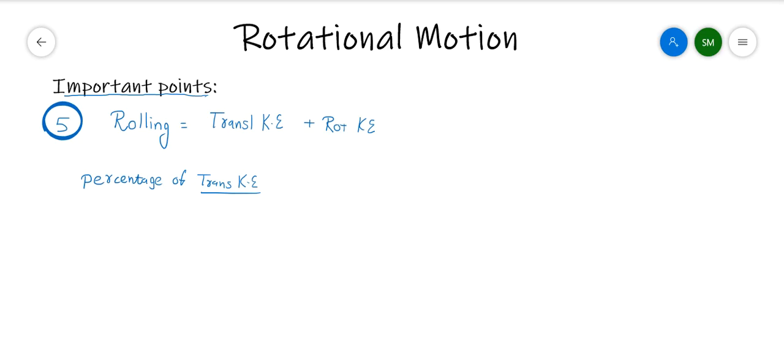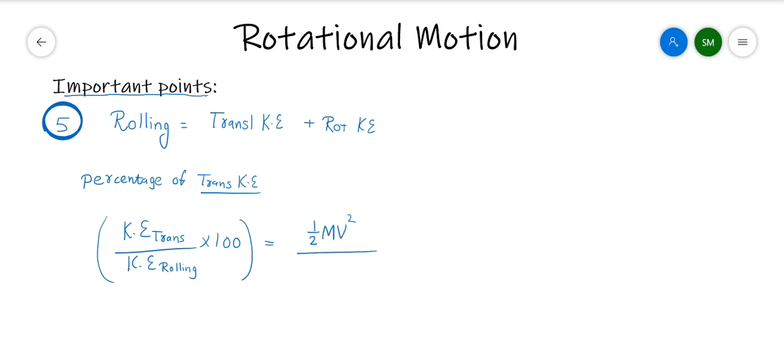So if you want to find the percentage of translational kinetic energy, the simple formula is: take the translational kinetic energy divided by the total kinetic energy of the rolling body, multiplied by 100. Now if I solve it, the numerator is the translational kinetic energy, which is half mv square.